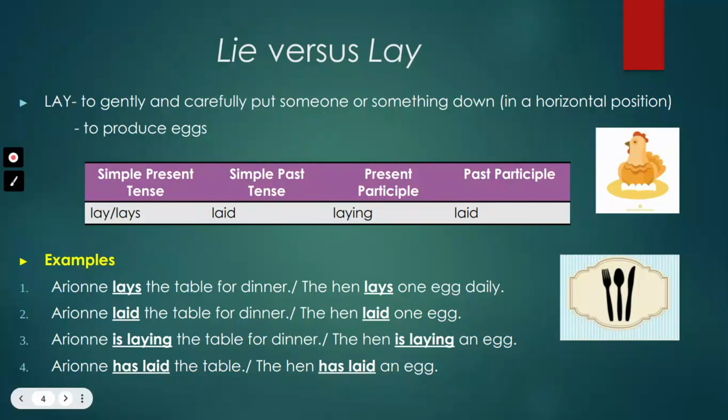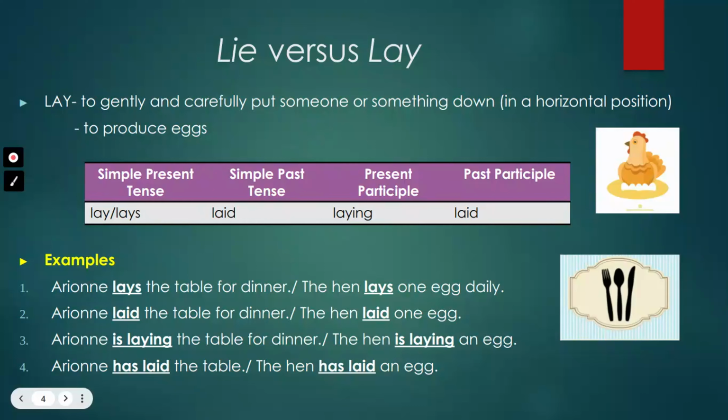So whether you're talking about lay as in producing eggs, or lay as in to gently and carefully put someone or something down, the verb forms are the same. So in the simple present tense, lay or lays, your simple past tense, laid, your present participle, laying, and your past participle, laid. Let's look at example number 1.